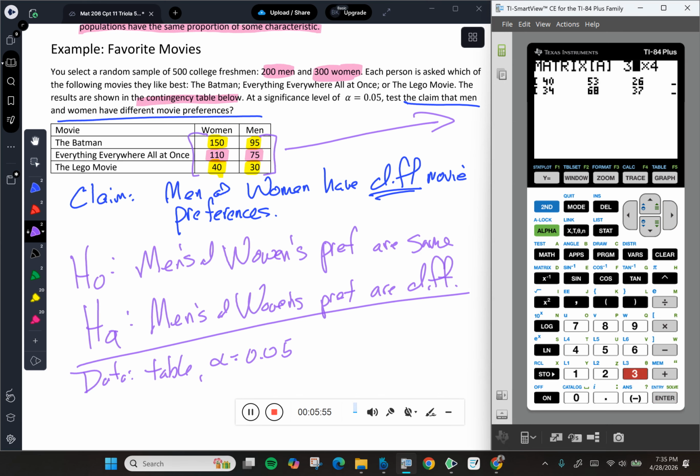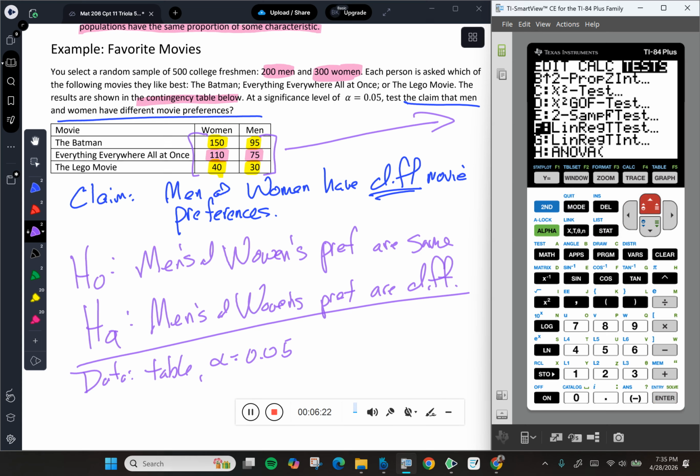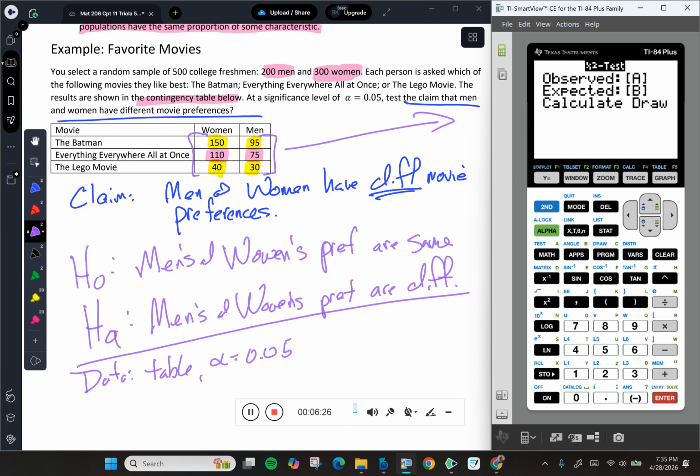It is now a 3x2 matrix. 150, 95, 110, 75, 40, 30. Check my data twice. Looks good. Quit out of there. Stat, test, chi-squared test. This time, instead of for independence, it's testing homogeneity.